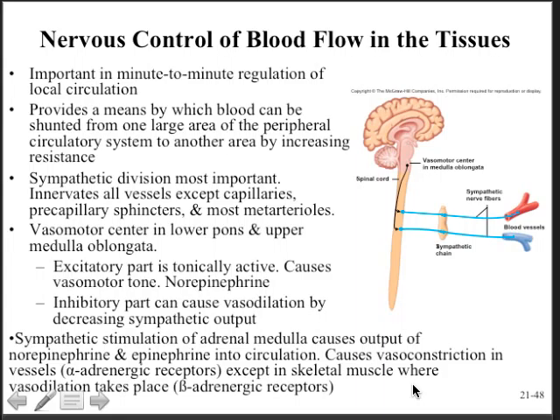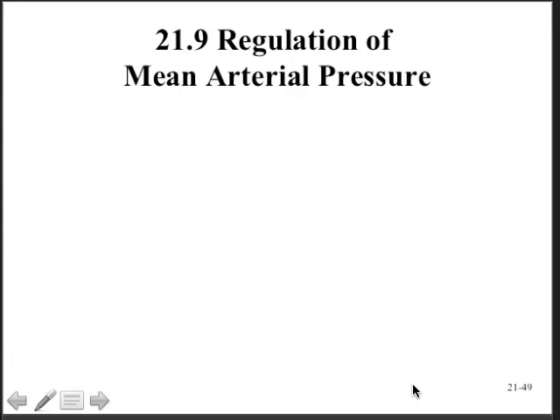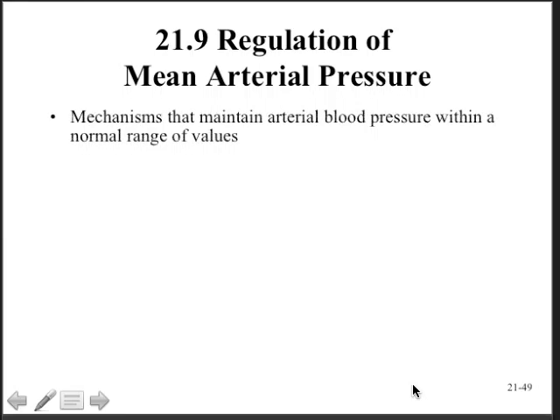We want to provide blood flow to the muscle because the muscle is an integral part of the fight or flight response. And as a result, we want to enhance perfusion and perhaps shunt a little bit of blood away from less important tissues in response to a stress situation. Now, how do we regulate mean arterial pressure?